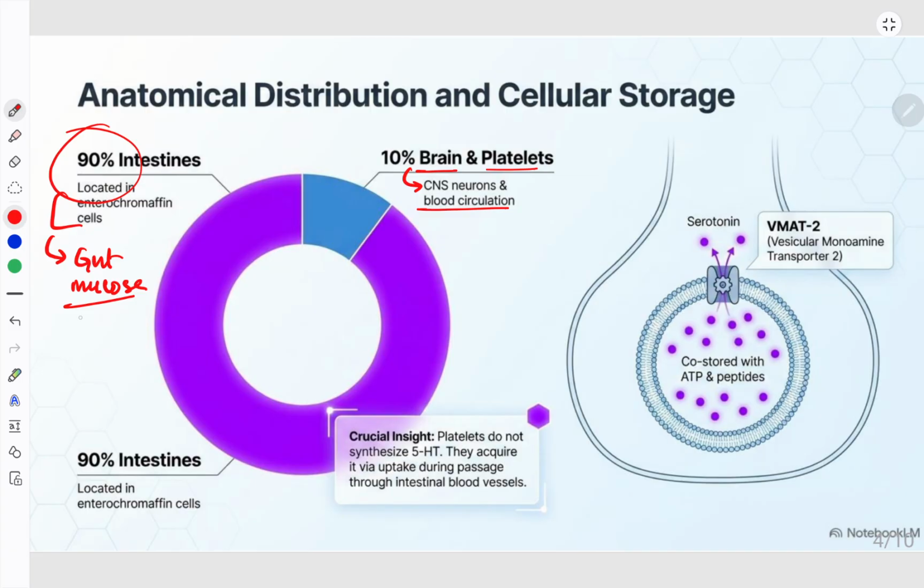It is important to note that the 90% of 5-HT stored in the gut mucosa is also synthesized there, whereas the remaining 10% is synthesized in the brain, specifically in the raphe nucleus present in the brain stem.